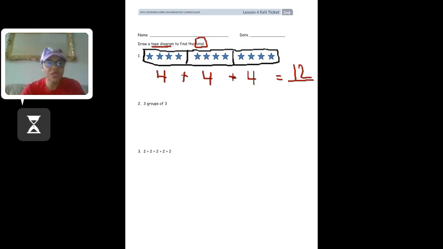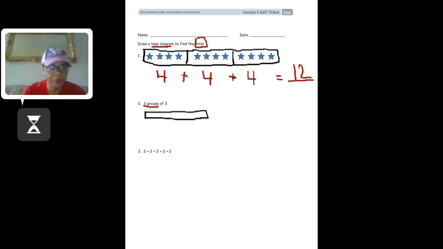All right, so now let's solve this problem. So we have 3 groups of 3. So I know that I'm going to have 3 equal-sized groups, 3 equal-sized squares inside of my tape diagram for this sentence statement. So I'm going to grab my black pencil, and I'm going to draw my tape diagram, a rectangle to represent the tape diagram, and then I know there's going to be 3 equal-sized groups.